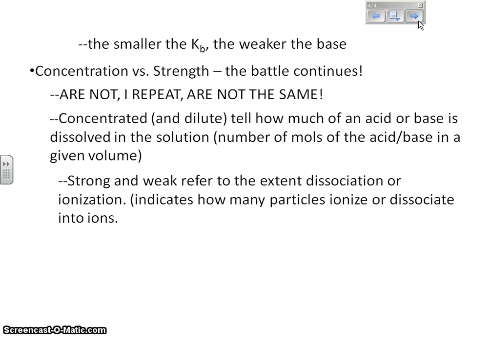Okay? How many particles will ionize or dissociate into ions? That is the difference. Concentrated is how much of an acid or base is in the solution, and strong or weak refers to the extent that ionization takes place in the acid or dissociation takes place with the base.